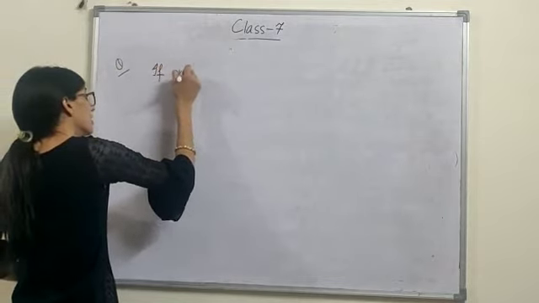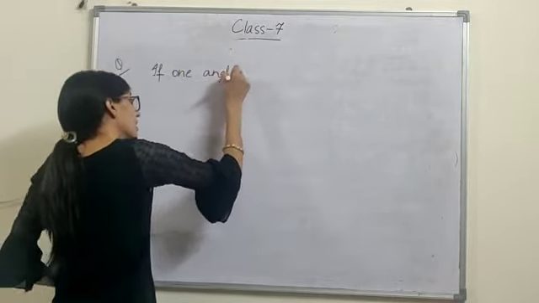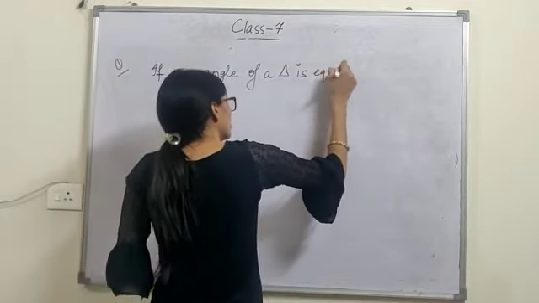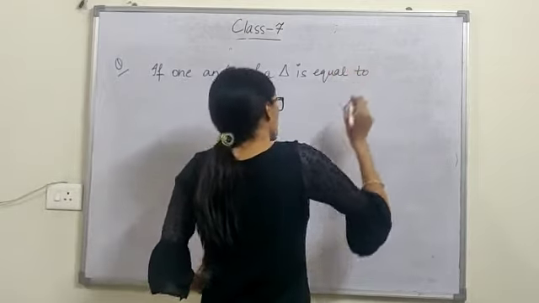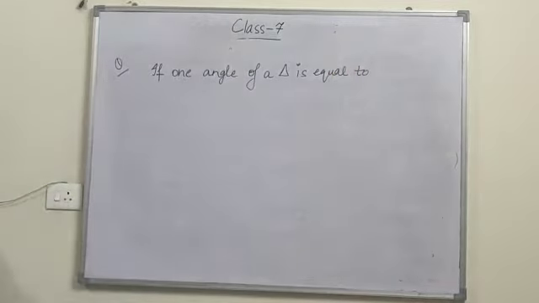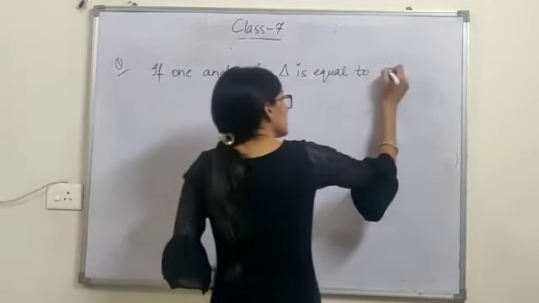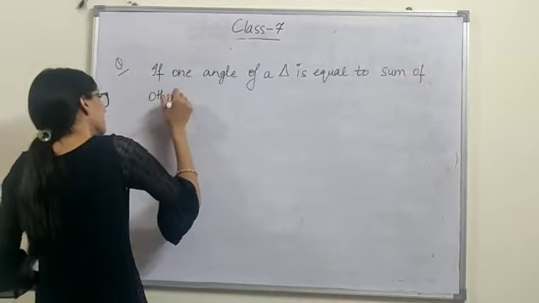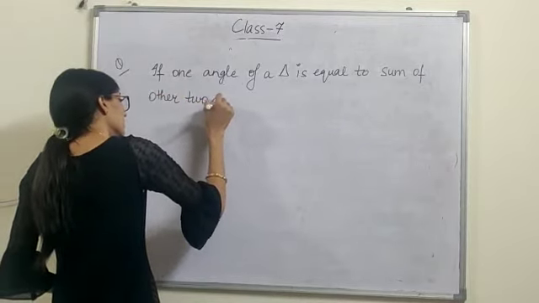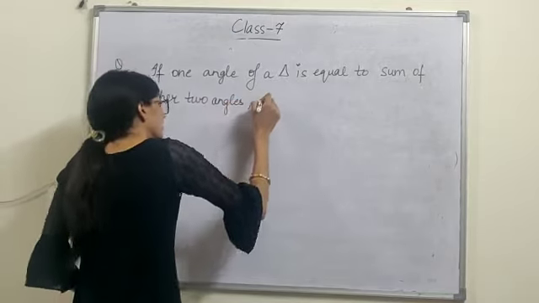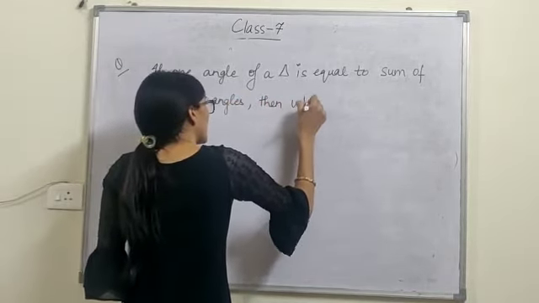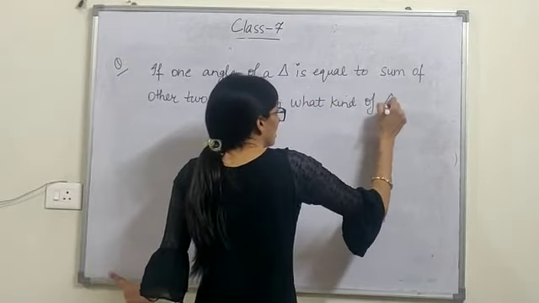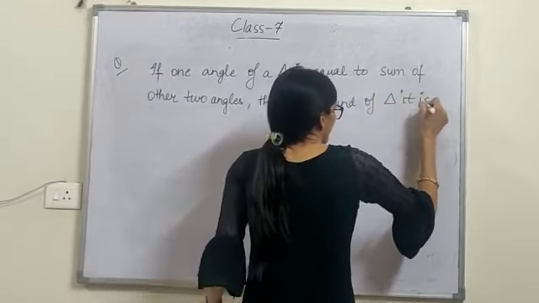if one of the angles of a triangle is equal to the sum of the other two angles, then what kind of triangle is it?